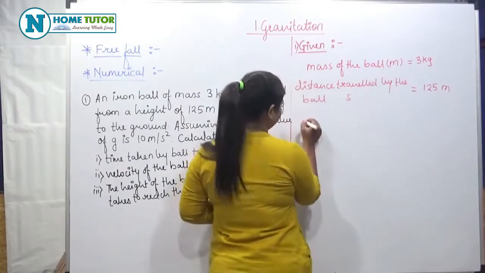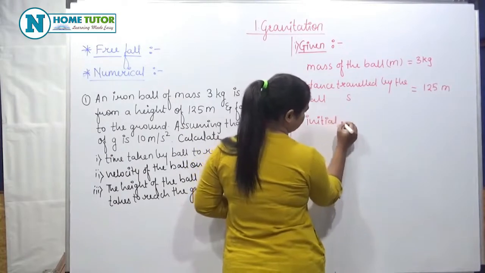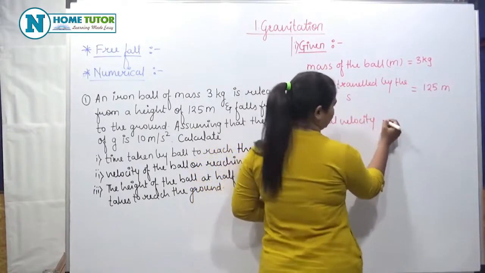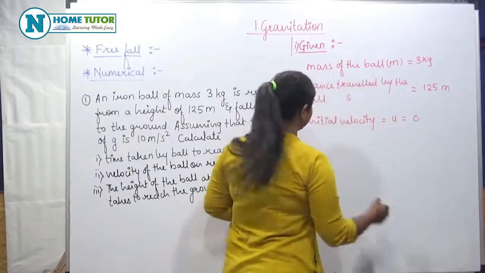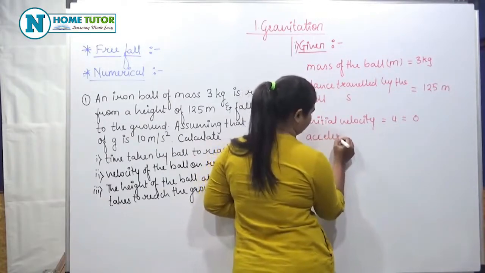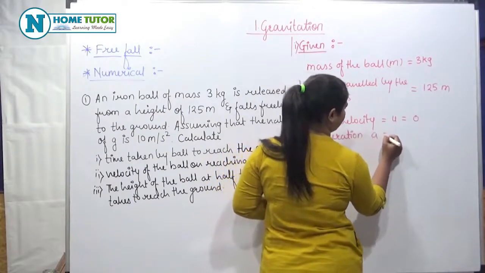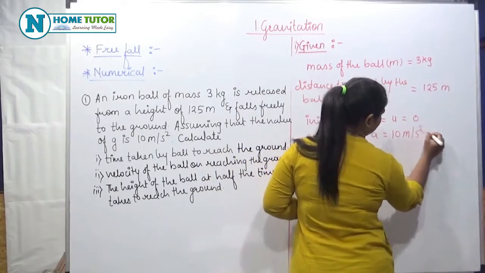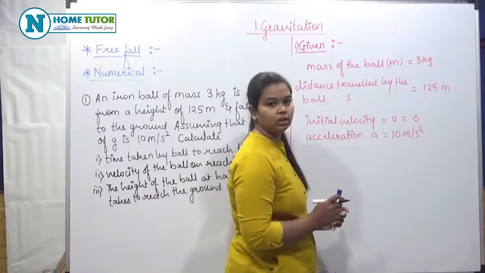Initial velocity u is equal to 0, and the acceleration, that is a is equal to 10 meter per second square. Let's calculate the time taken by the ball to reach the ground.